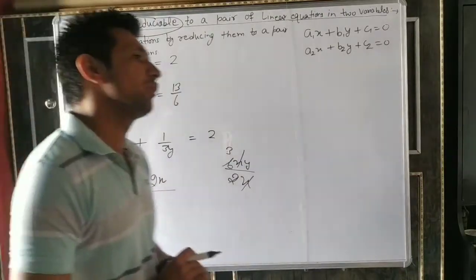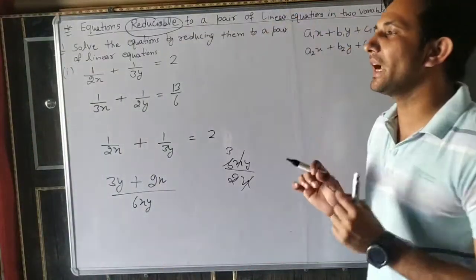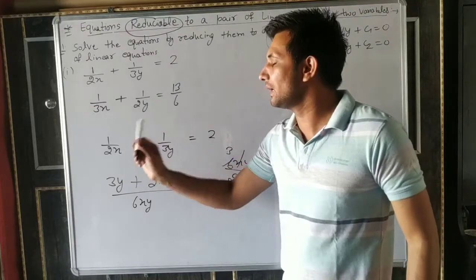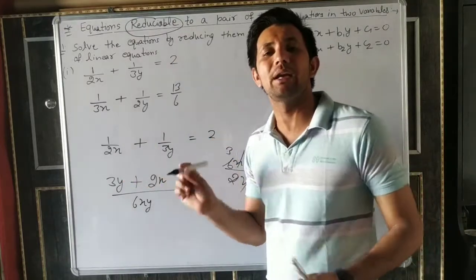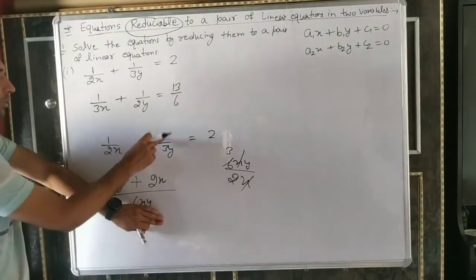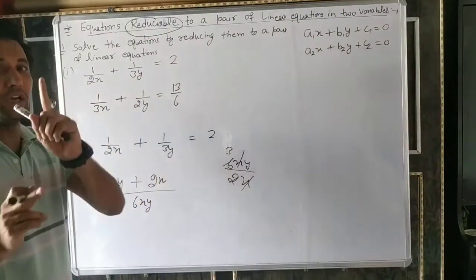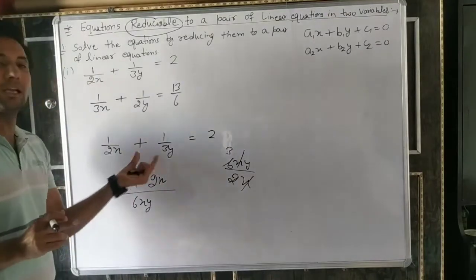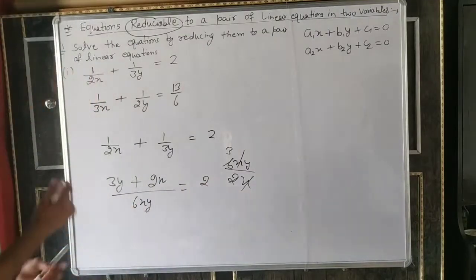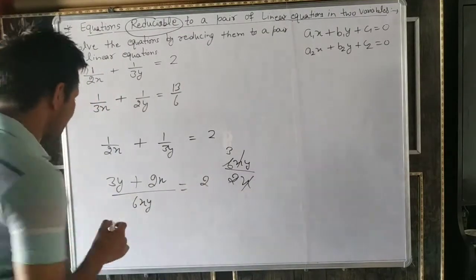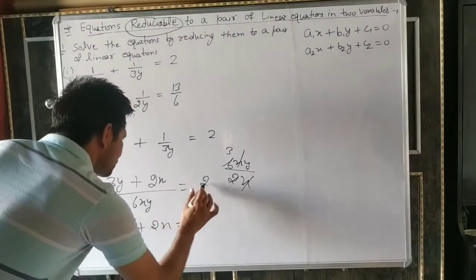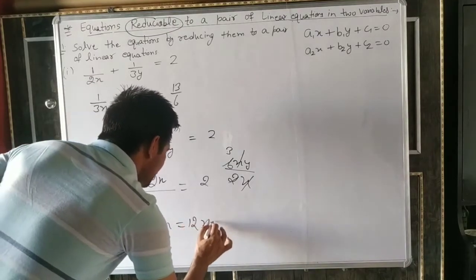Always remember, whenever we are taking LCM by multiplying the numerator by the denominator, you can multiply like this directly also: 3y into 1, 3y, 2x into 1, 2x. On the other side, if we multiply, 2 into 6xy is 12xy. So 3y plus 2x equal to 12xy.